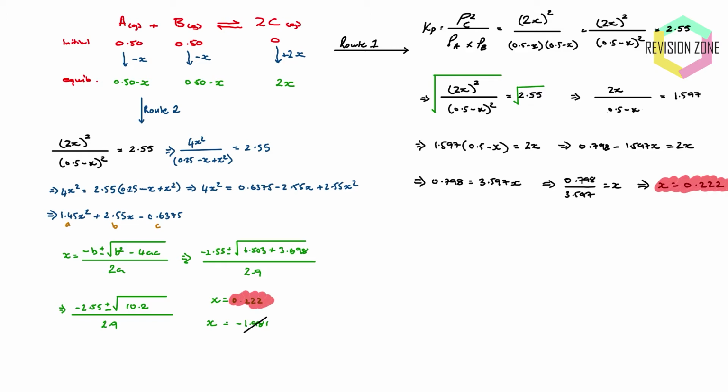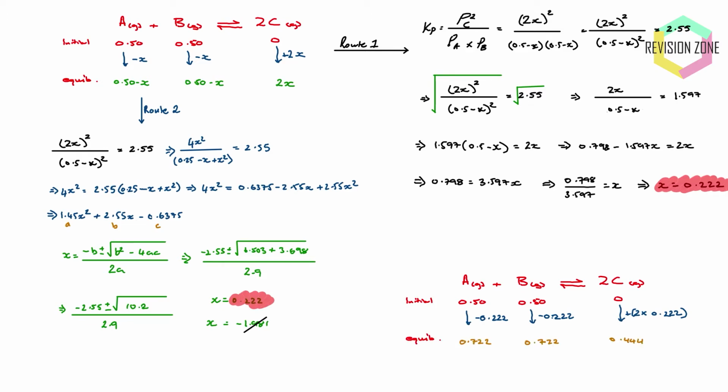So what we end up with, just going to write that same ICE table, if that's what you want to call it, initial moles, but this time I've subbed in x as 0.222, and for C, I am actually going to add two lots of 0.222, and that leaves me with the following, and this would be my final answer.